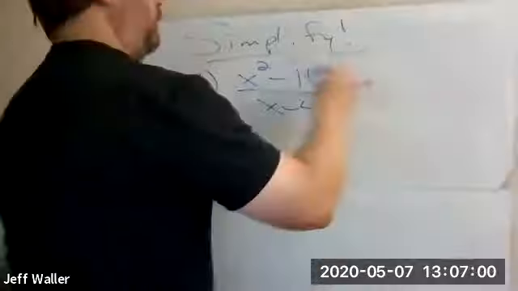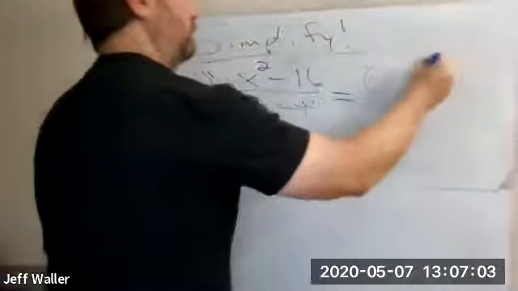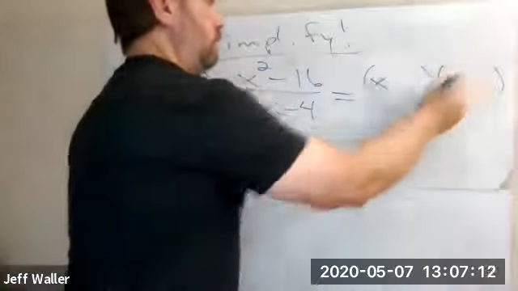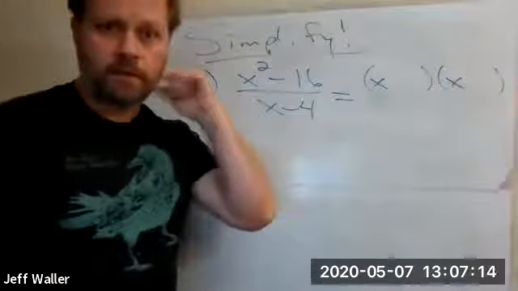How do I factor the top? X squared minus 16. How do I factor this?